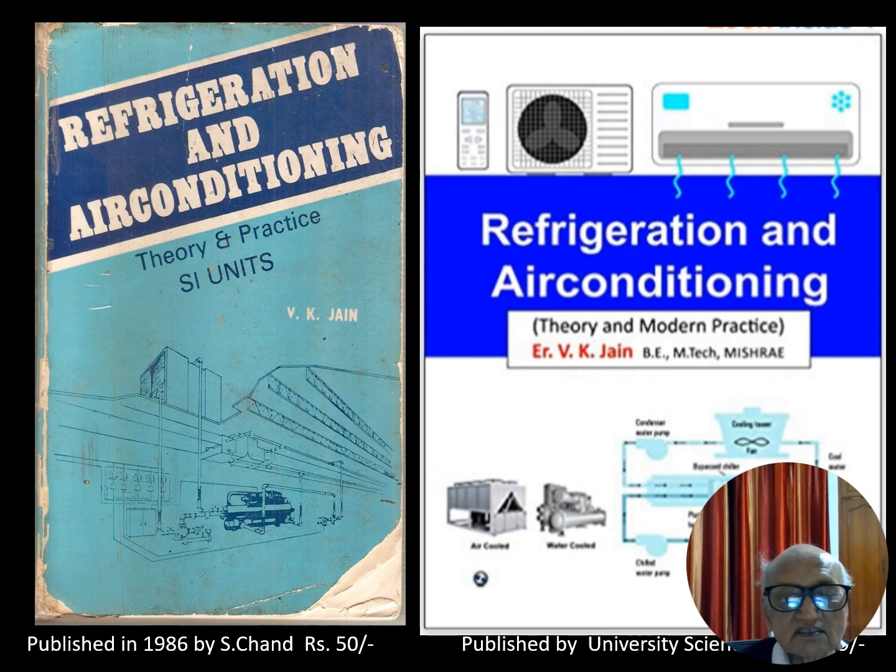The second, on the right-hand side, is my book on refrigeration and air conditioning in SI units, published by Lakshmi Publishers, by name University Press. This is in SI units and is most modern.